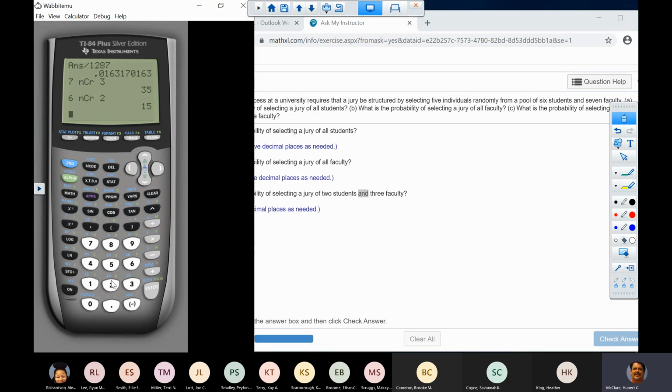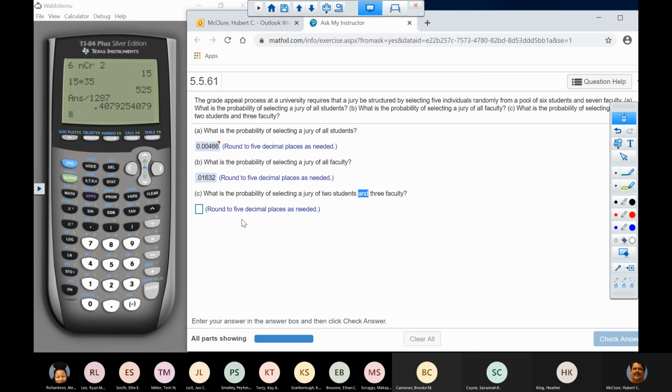And 15 times 35, 15 times 35, and divide that by what? There you go. And how many places do they want? 5 decimal places, 0.40793.